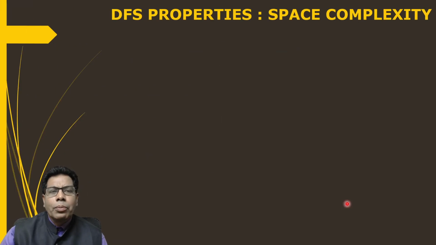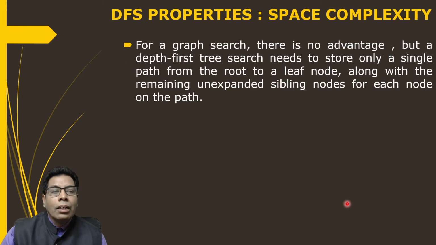Then the next property is the space complexity. For graph search, there is no advantage, but depth first tree search needs to store only a single path from the root to the leaf node, along with the remaining unexpanded sibling nodes for each node on the path. That is what we have seen in the example.